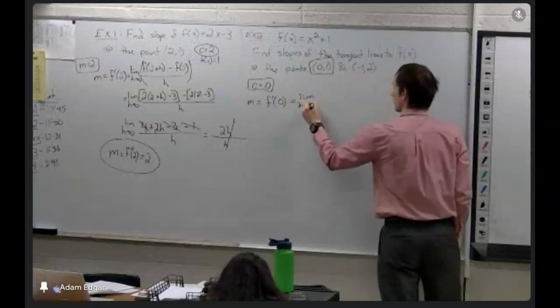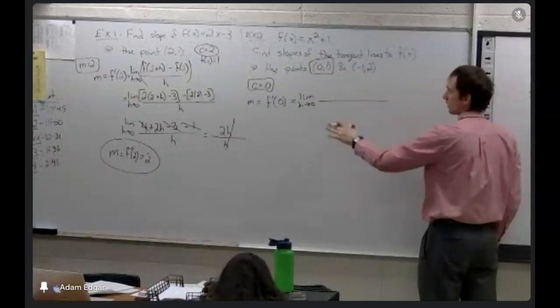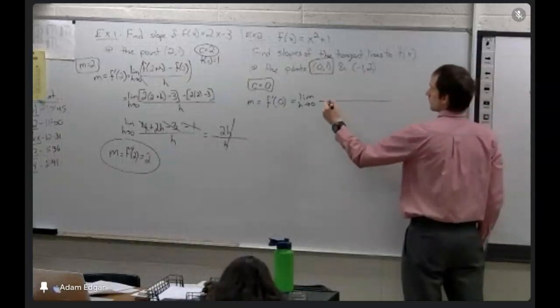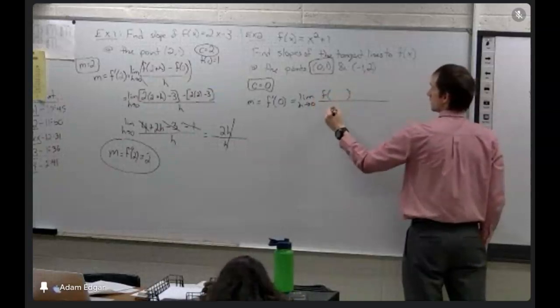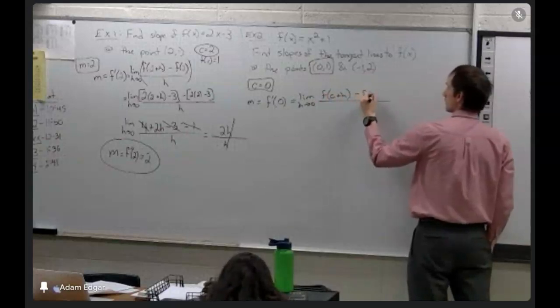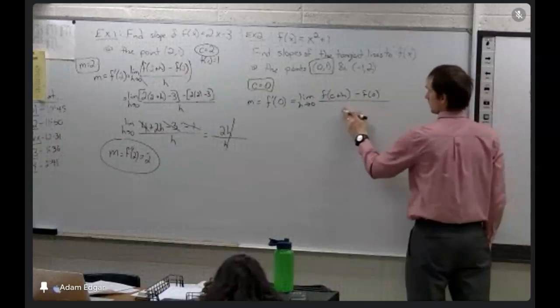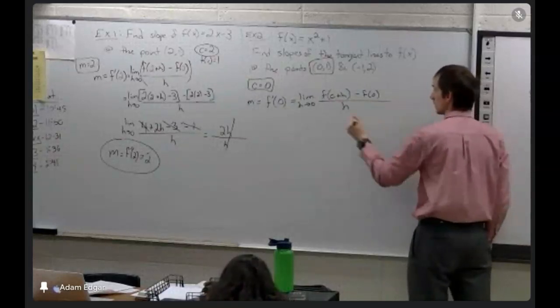And let's just set up kind of the generic limit. What's our generic limit for the slope? f of C plus h minus f of C, over h. And then what is our C value? 0. So we'll go ahead and make all these C's 0.